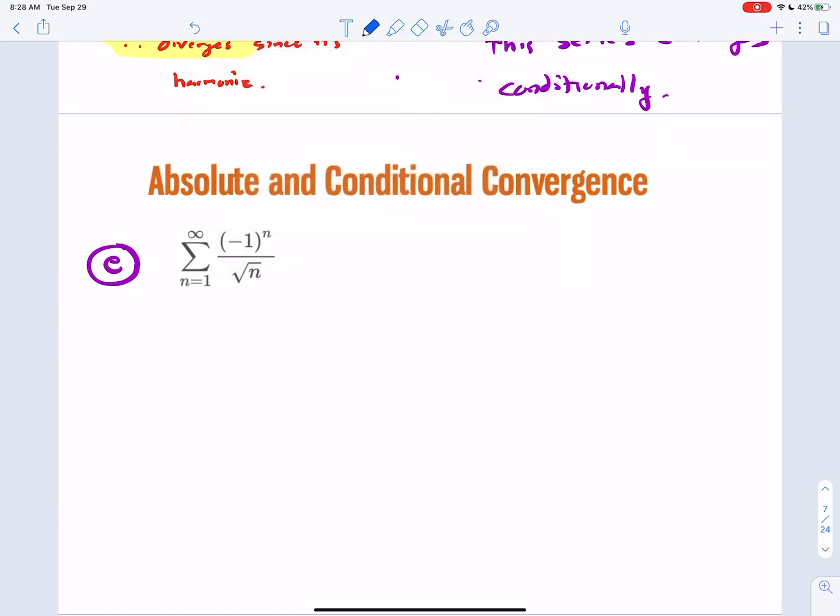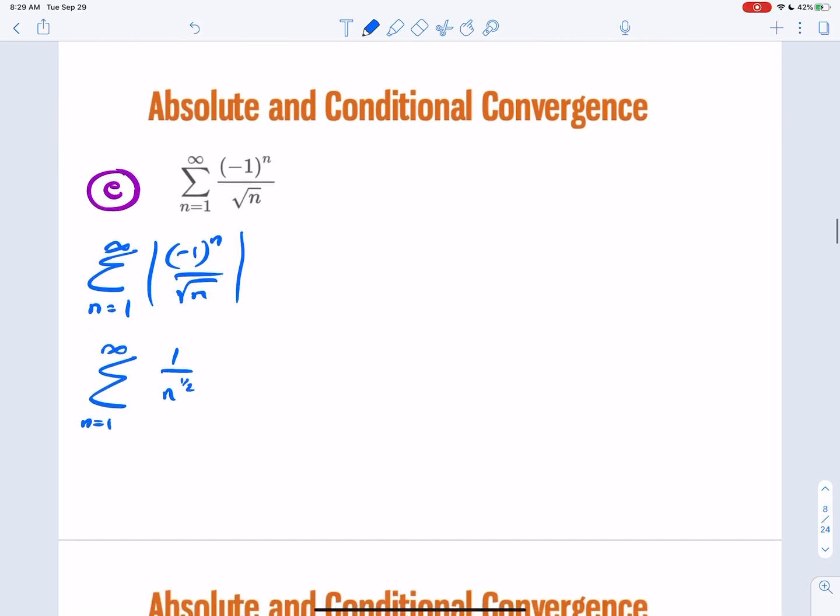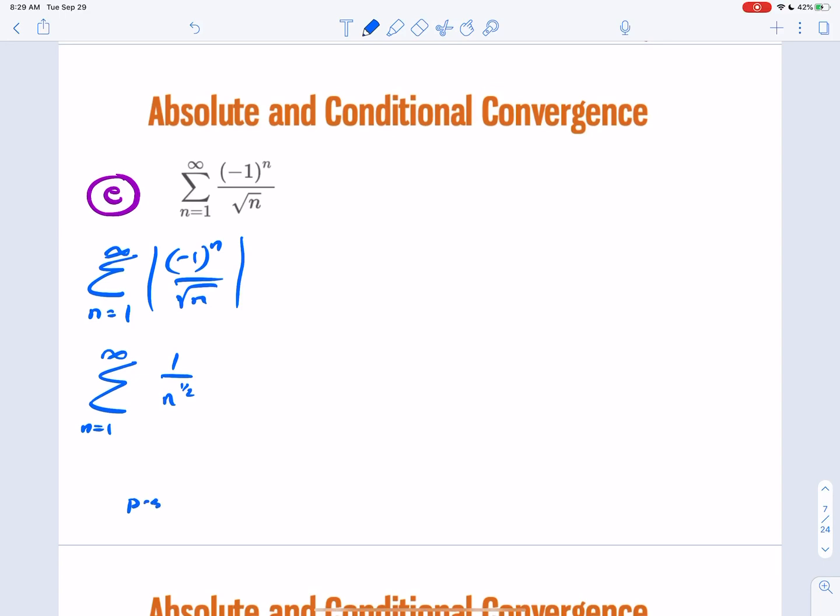Okay, here we go. So we're going to check for absolute convergence. So we're going to take the absolute value. Okay, that'll get rid of that alternating piece at the top. So we're going to have 1 over the square root of n, or n to the 1/2, just to make things a little bit easier. Okay, here I would definitely run the P-series test.